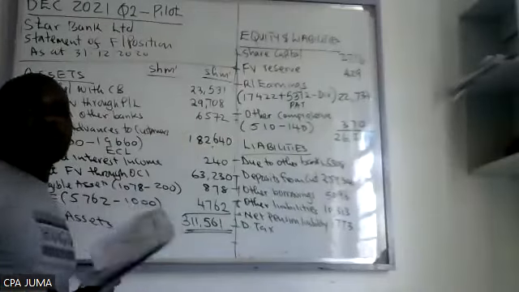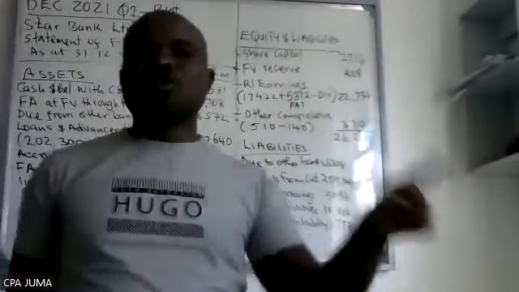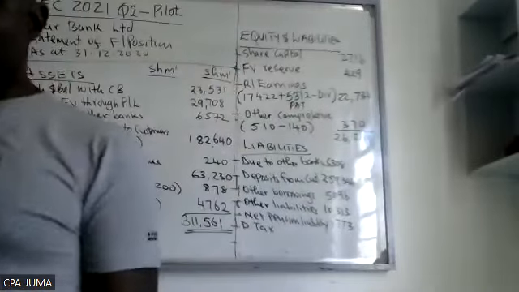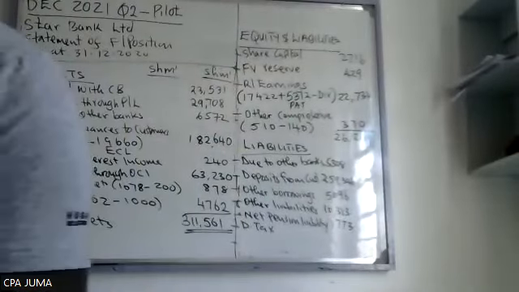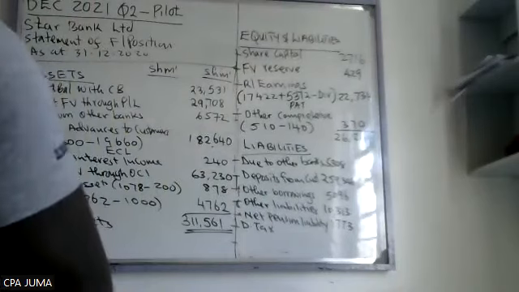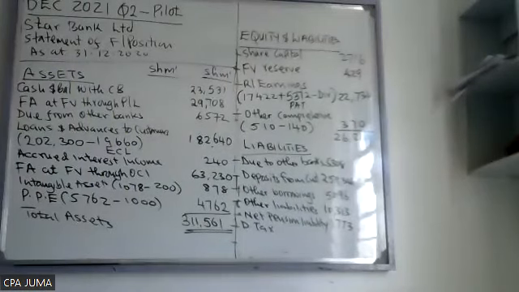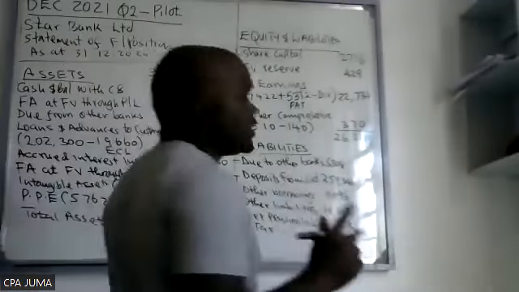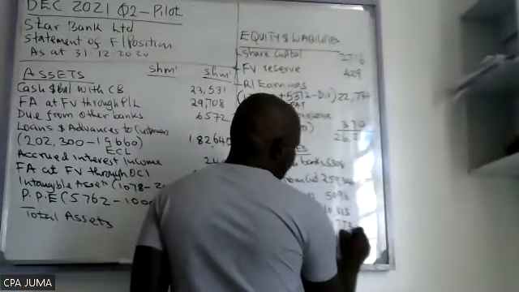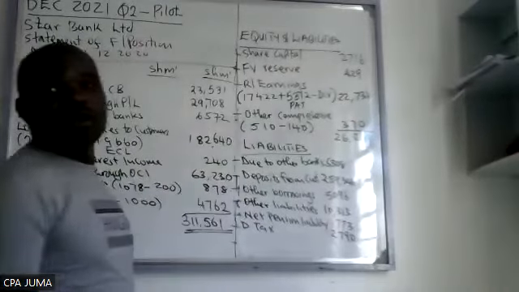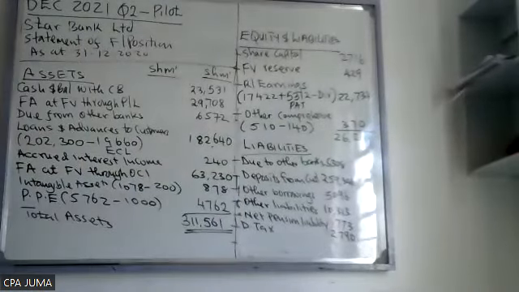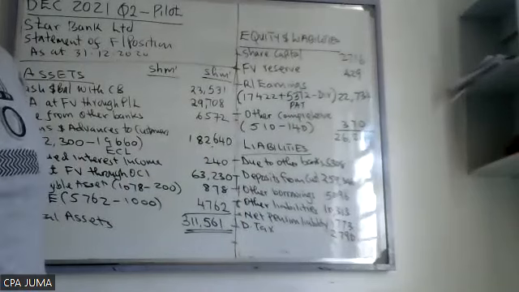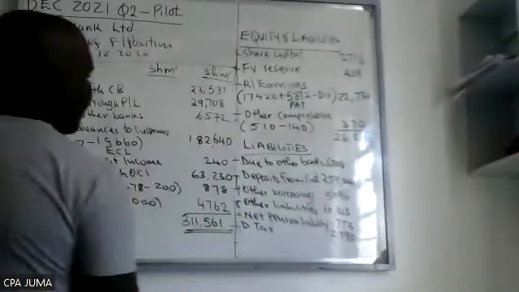Check for me the deferred tax account, the closing balance for deferred tax. It was how much? Deferred tax, I'm told closing was 2790. Current tax.